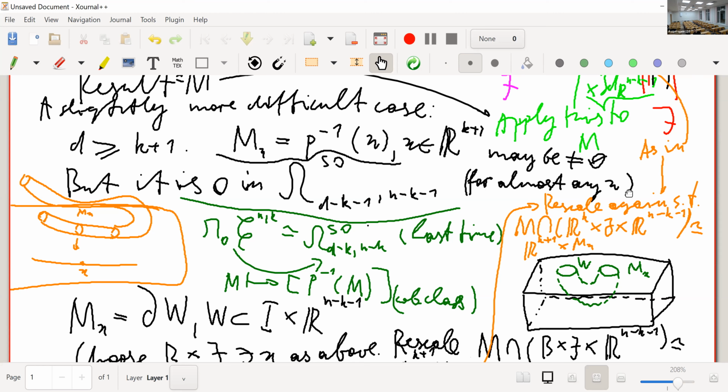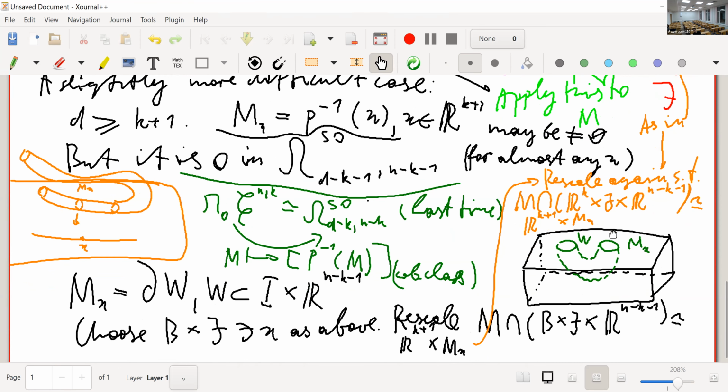Well, let's look at the second step. Does the second step make sense? The second step is very similar to the easy case.